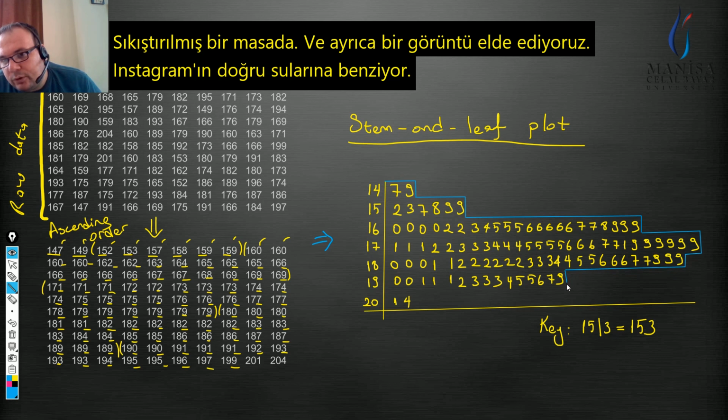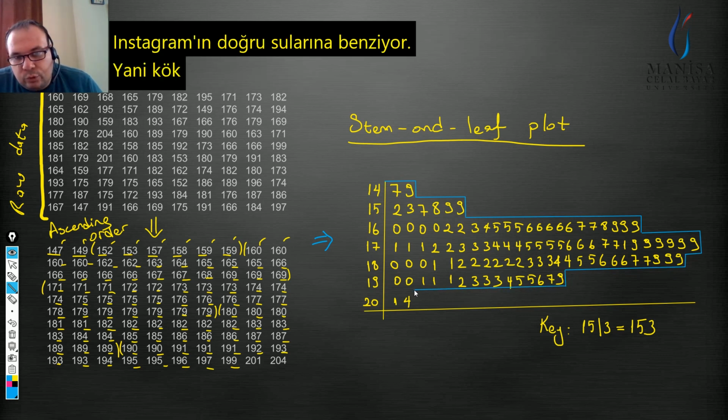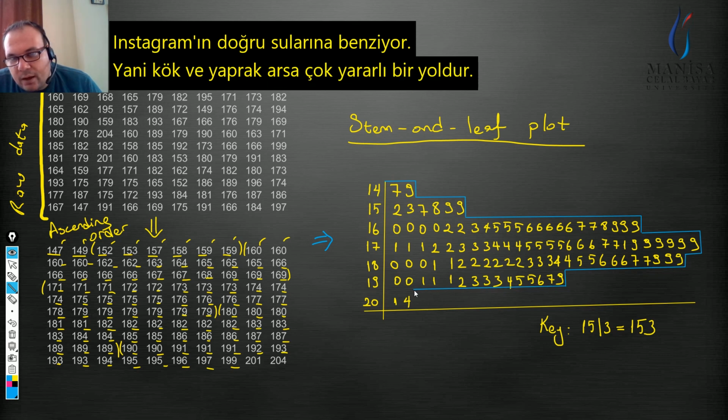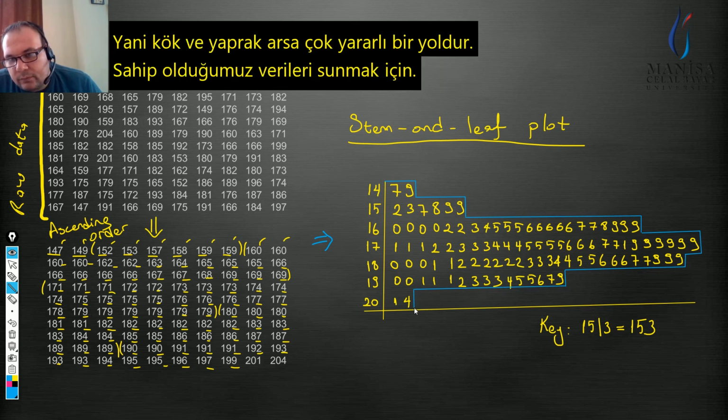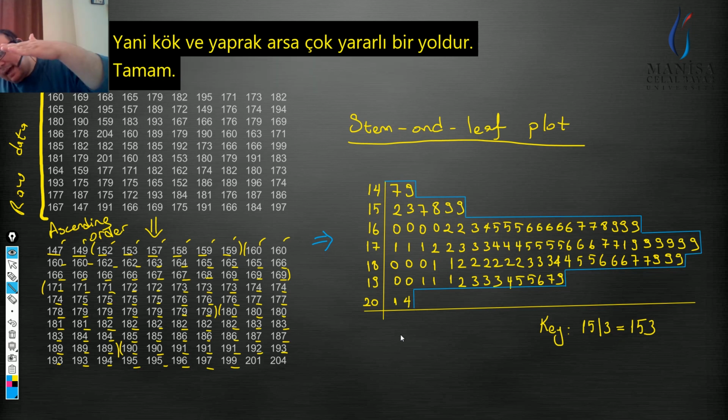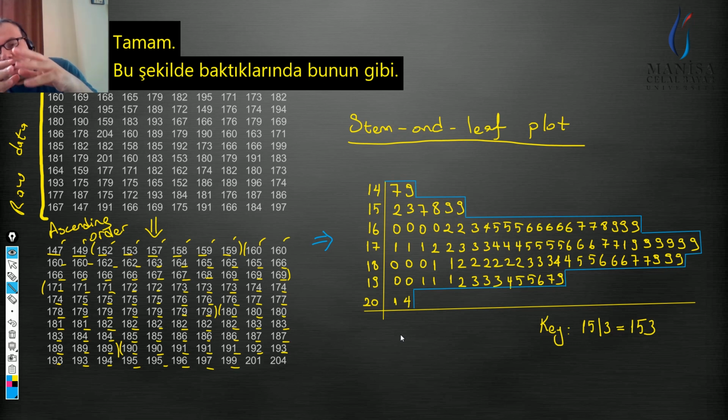So the stem and leaf plot is a very useful way to present the data we have. When we look at it this way, we can see something like a histogram.